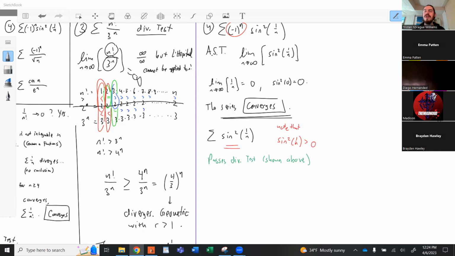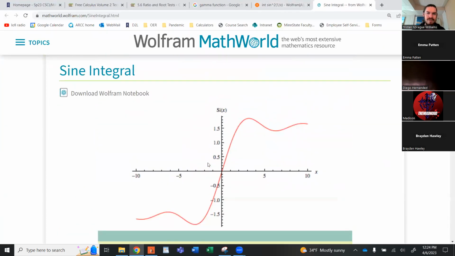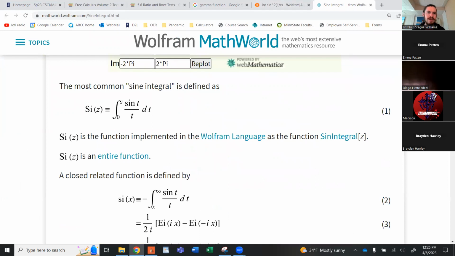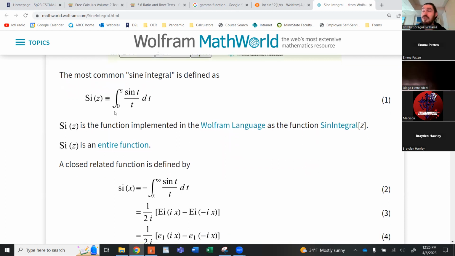No, it involves one of these. Here, I'll show you. So integrating it is technically possible, but it involves this thing here, which is one of these integrals of a function that doesn't have an antiderivative.